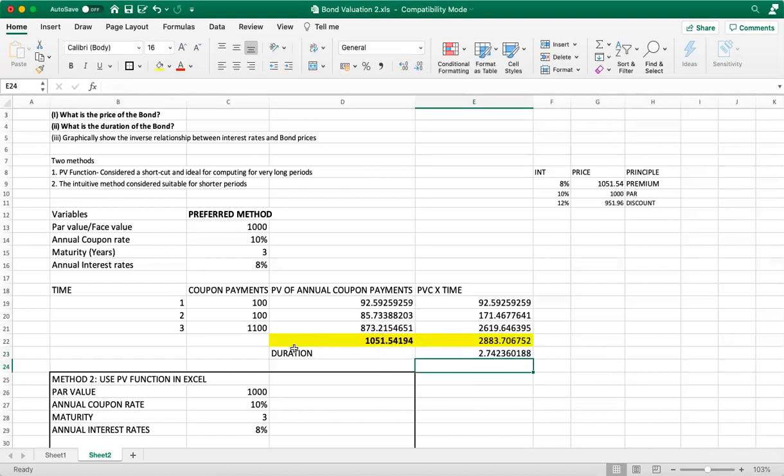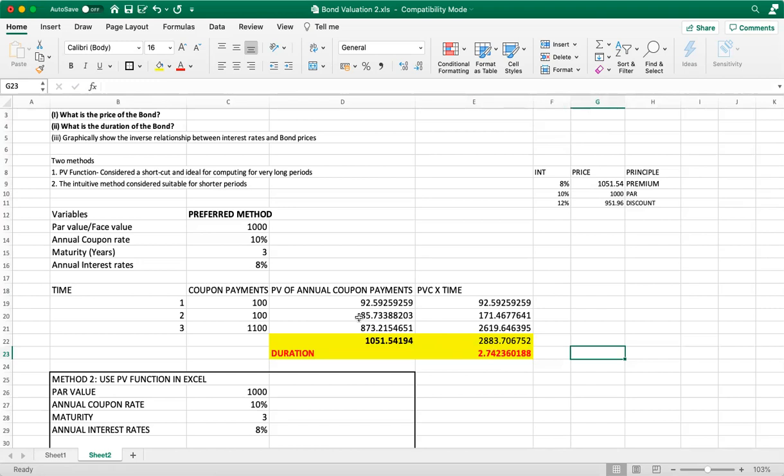This is the duration of our bond. So the duration of a level coupon bond or a straight bond, yeah, this one is less than its time to maturity. This is a 3-year bond. You can say its duration is 2.74. So it's less than 3 years.